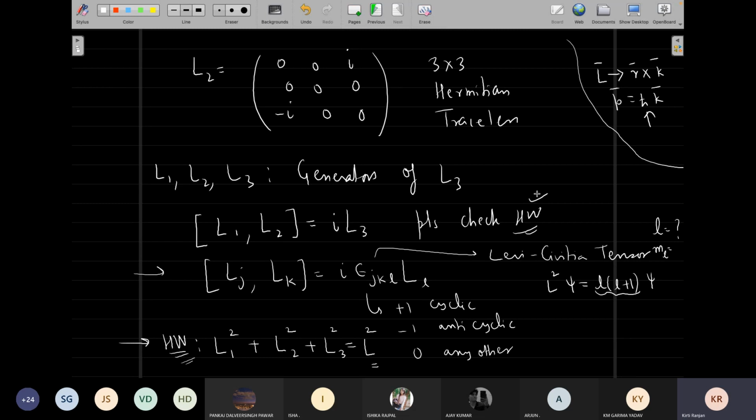of SO3. So SO3, which is nothing but the proper rotation in three-dimensional space, since it leaves the length squared invariant, basically forms a group of orthogonal 3 by 3 matrices. Choosing proper rotation only, which means the determinant equal to +1, fixes the structure of the group.